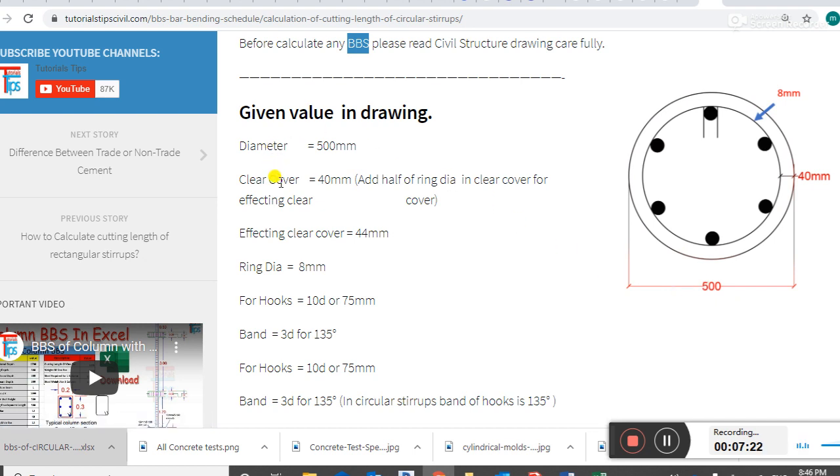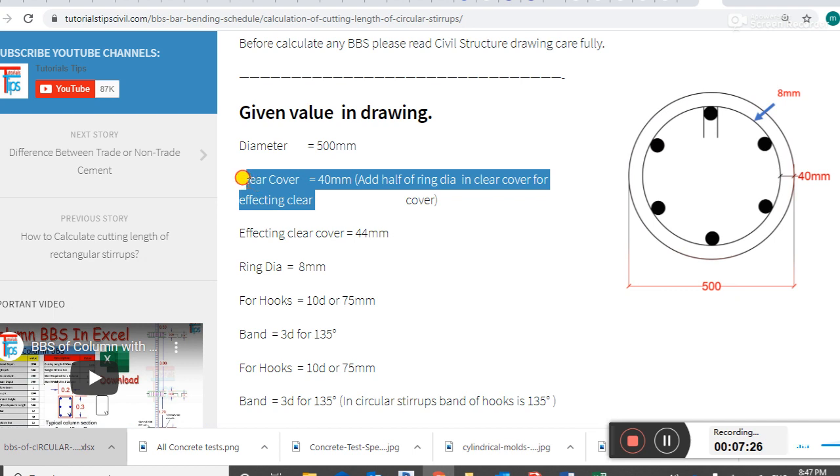Guys, clear cover, we can also call it as effective cover or clear cover, is 40 millimeter. The distance between the outer and inner circle is called the effective cover or clear cover.